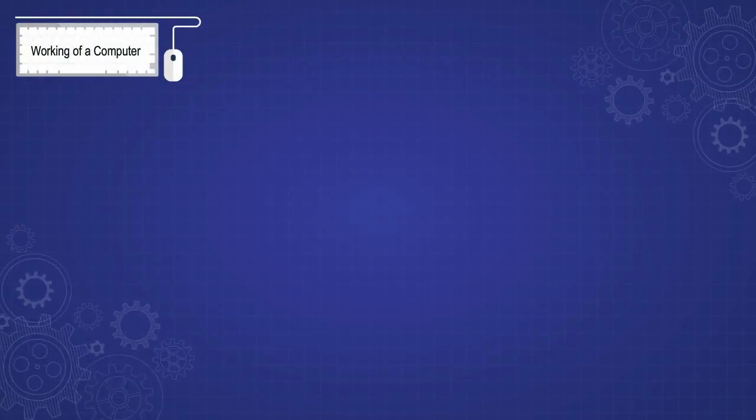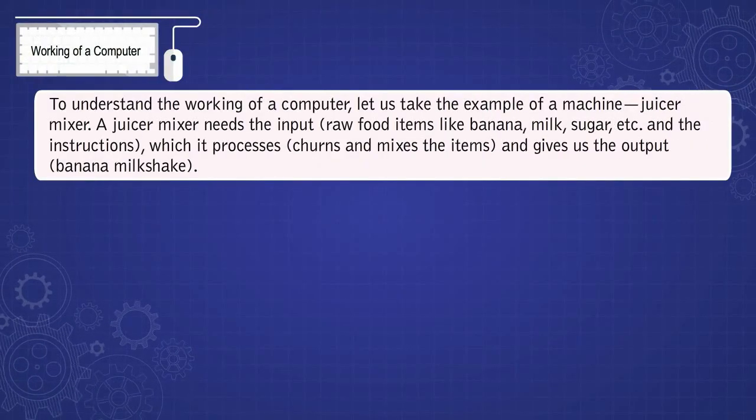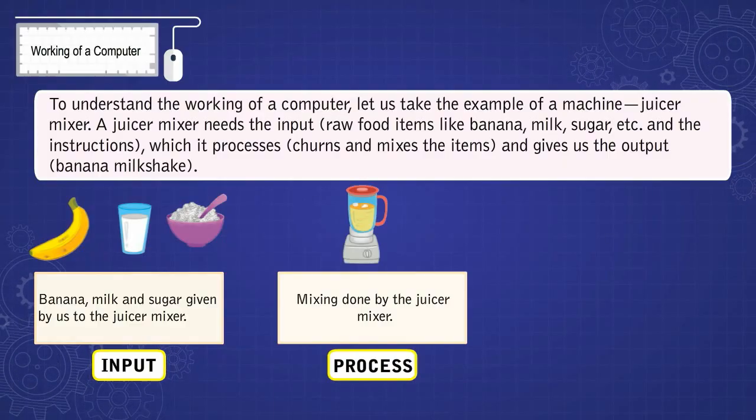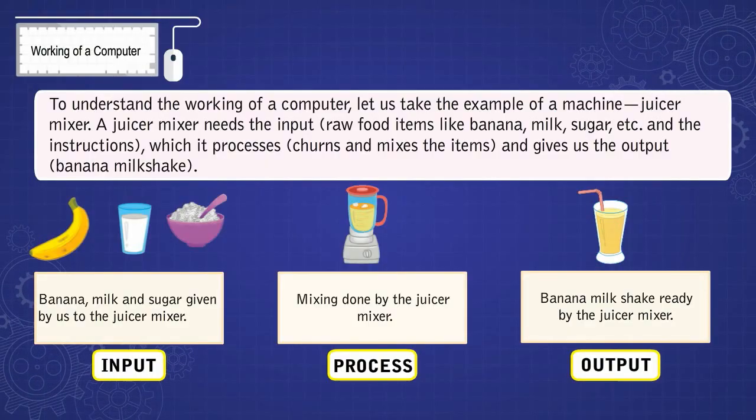Working of a computer. To understand the working of a computer, let us take the example of a machine, juicer mixer. A juicer mixer needs the input: raw food items like banana, milk, sugar, etc. and the instructions, which it processes, churns and mixes the items and gives us the output, banana milkshake.